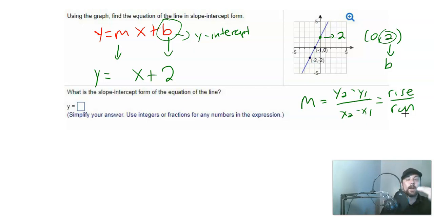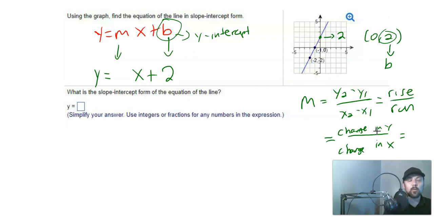It's the change in y over the change in x, but the y direction is vertical. The x direction is horizontal. So another way of finding the slope using the concept of rise over run is to look for the change in y over the change in x. Which is the same.